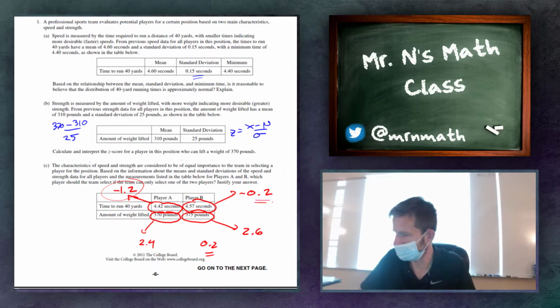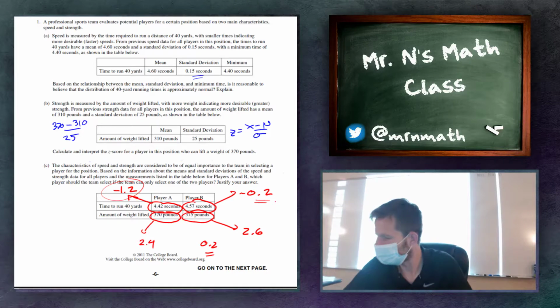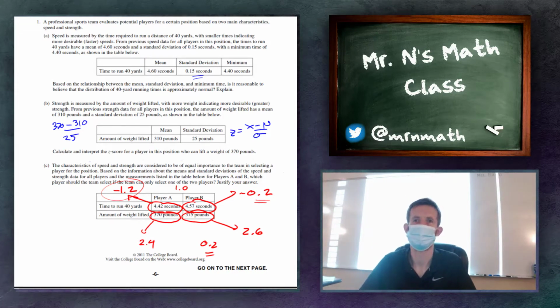Player B is kind of close to the average. And the difference here is a difference of a whole standard deviation. So they're both much stronger than average, but player B is only a little bit stronger than player A. Player A is much faster than average, and player B is faster, but not too much faster than average. So player A. Does that make sense?